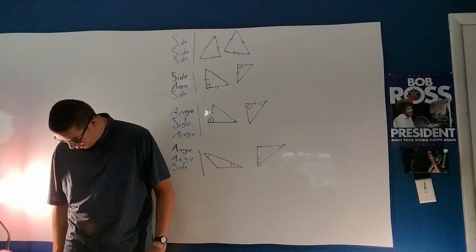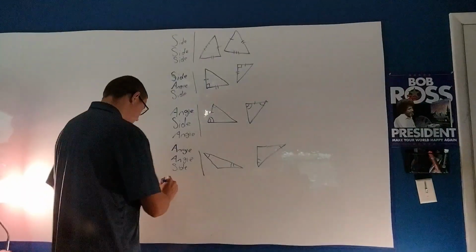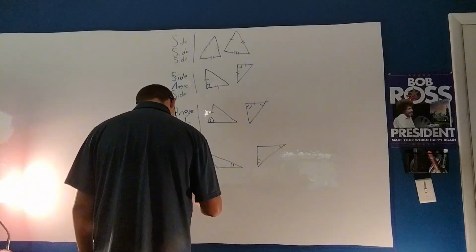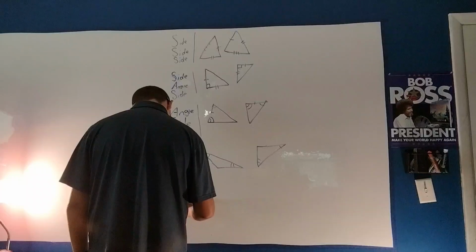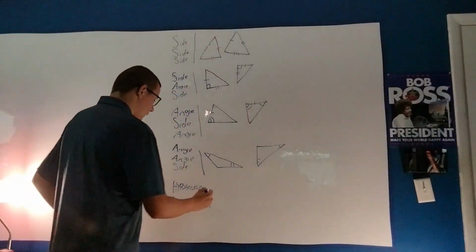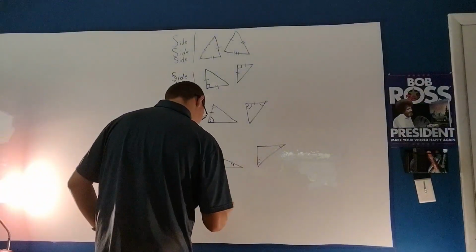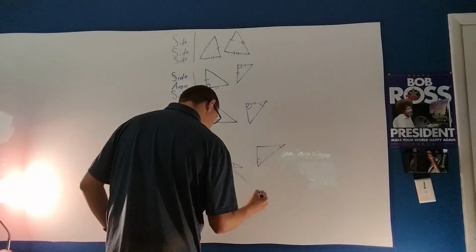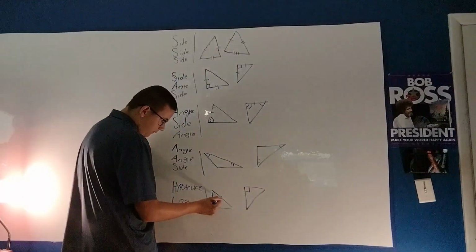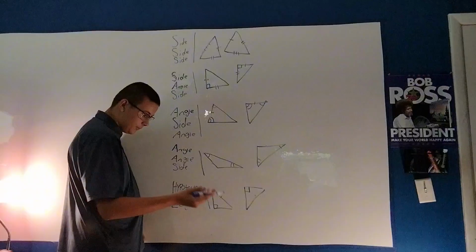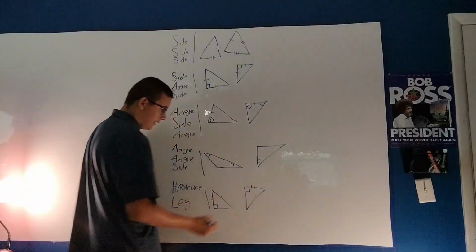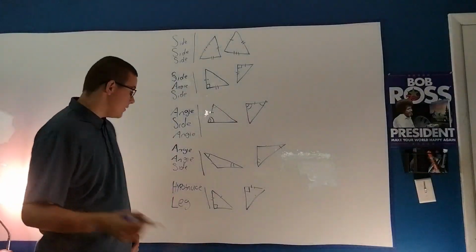And then hypotenuse leg. Hypotenuse leg is probably, as you guessed, if you have two right triangles like this, and you can prove the hypotenuse is congruent, and any leg is congruent like that, then you have hypotenuse leg.